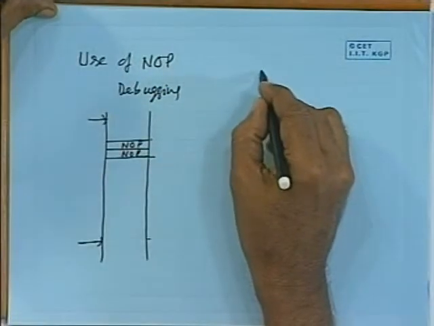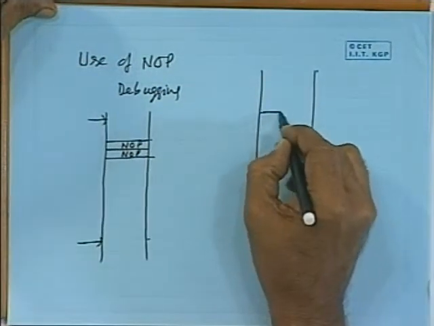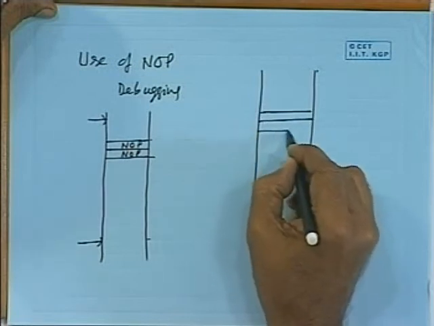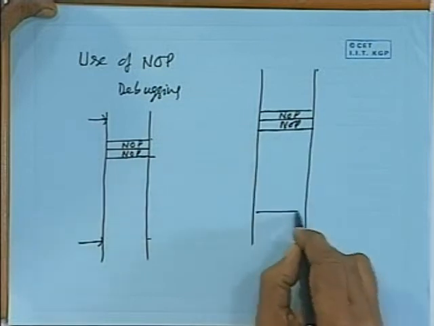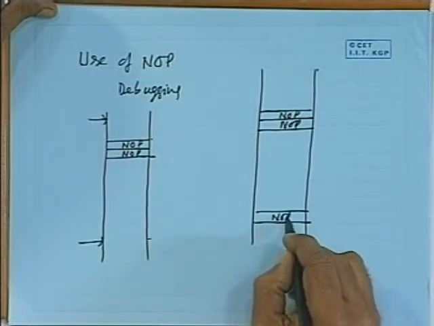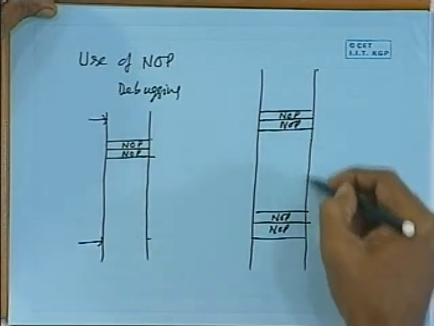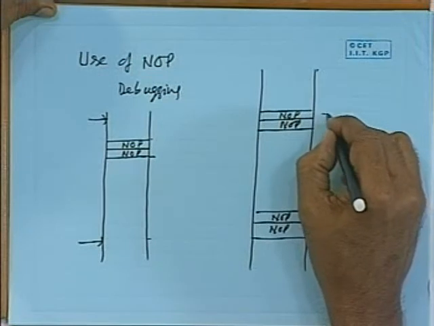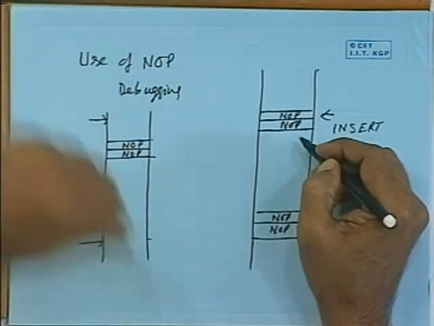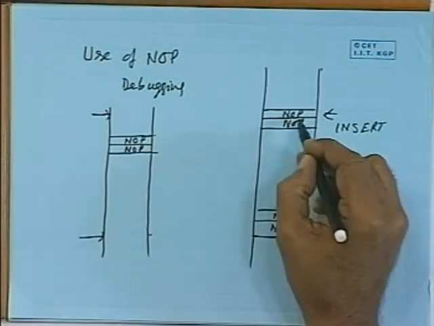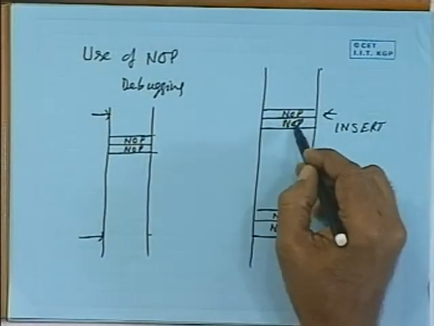That's why whenever you write a program in the beginning, intentionally you can put a few no-op instructions at some key points. Suppose here are key points, and subsequently whenever you debug it, suppose you have to insert a few instructions here, then these no-op instructions can be replaced by inserting new instructions.